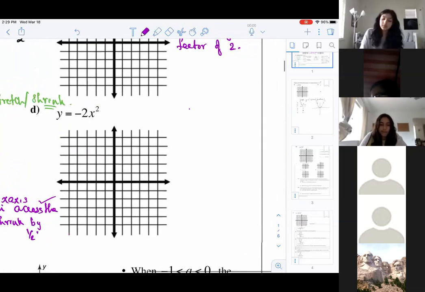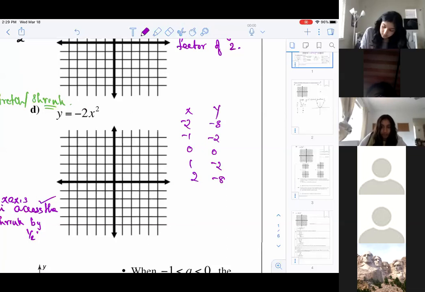Question D. Let's do the XY thing again. -2, -1, 0, 1, and 2. You already have the 2x squared. Just flip the signs then. Plot the points.